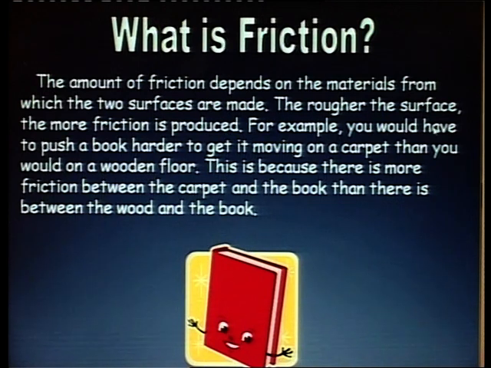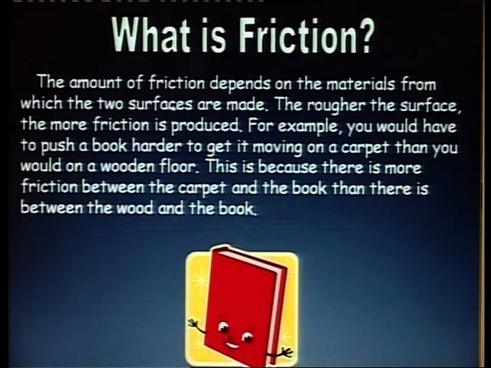For example, you would have to push a book harder to get it moving on a carpet than you would on a wooden floor. This is because there is more friction between the carpet and the book than there is between the wood and the book.